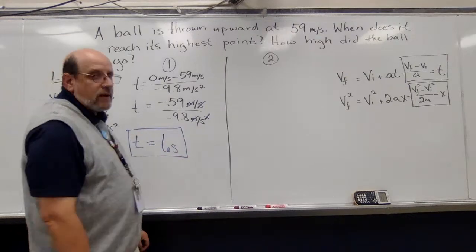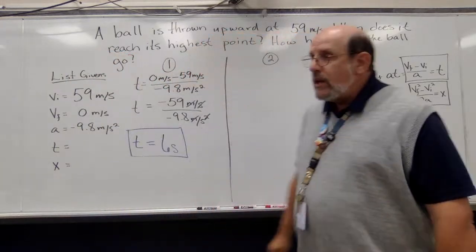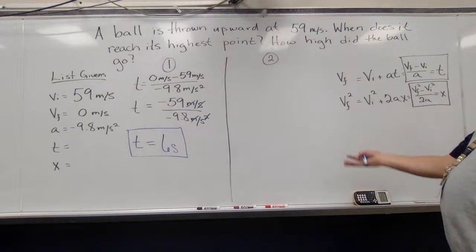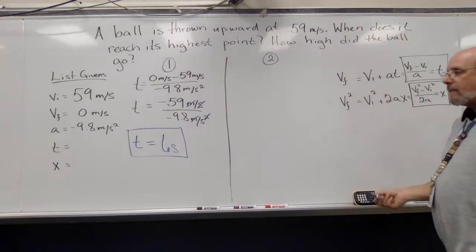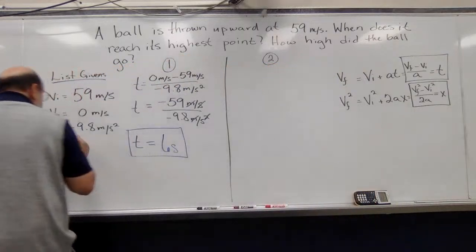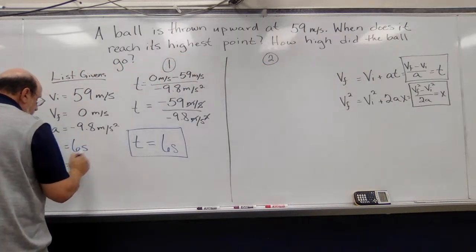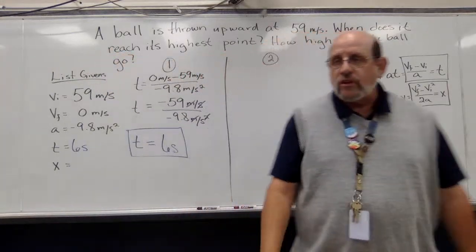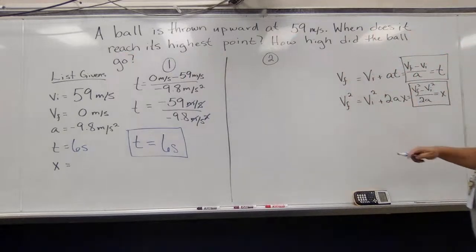Why is that important? Well, we need to know how long it's going to take to get up to the top. This could help us out later on if we wanted to use a different formula to find out how far it went. But we have another equation that tells us how high it went.